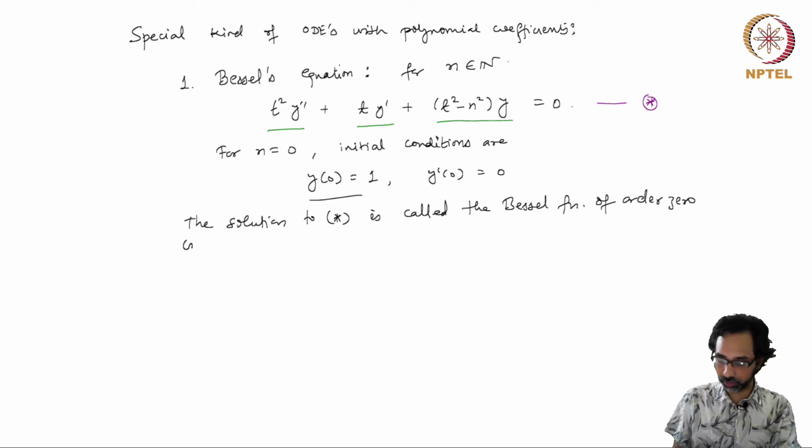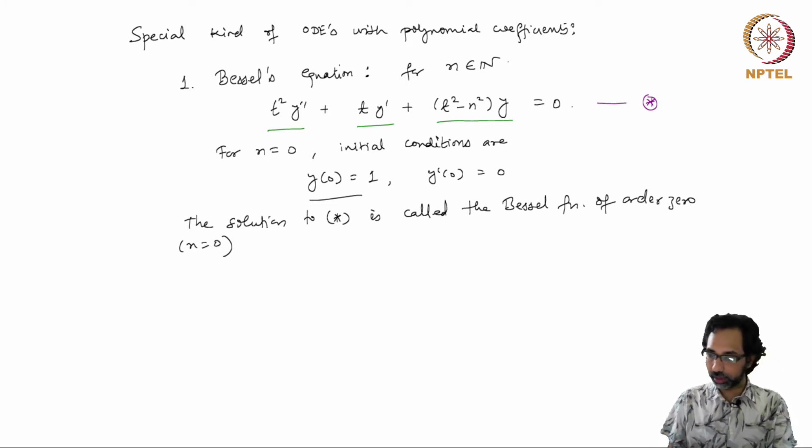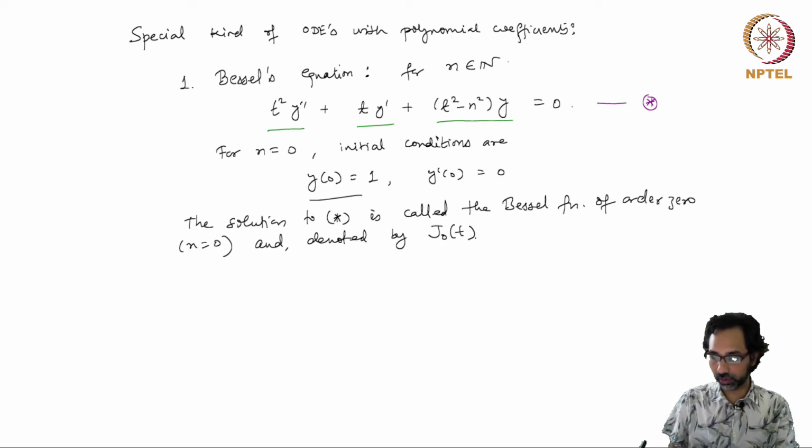So this is for n equal to 0, and it is denoted by J0(t).